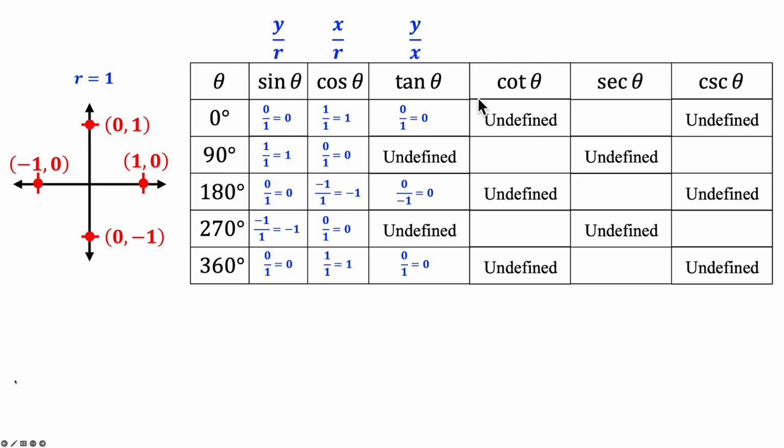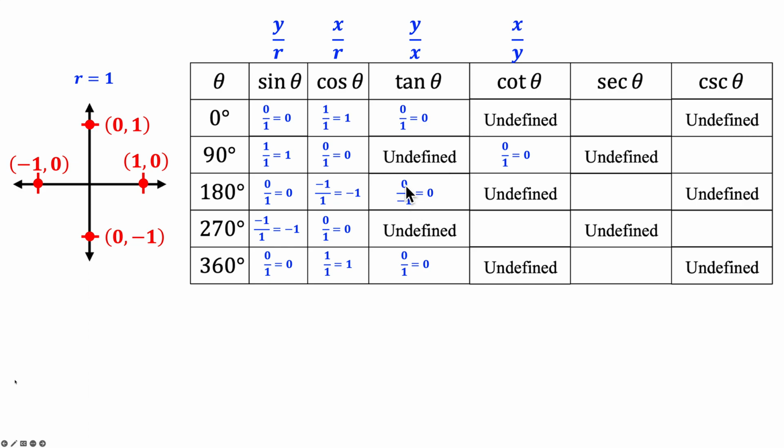Cotangent theta, okay, that's x over y. 1 over 0, or if you look here, the reciprocal of tangent, undefined. What was undefined before, y over x at 90 degrees was 1 over 0, is now 0 over 1. That's a 0. So a lot of undefined and zeros, they are technically reciprocals of each other.